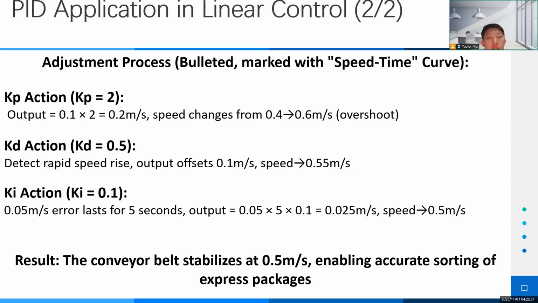We add this, so the speed drops to 0.5. Result: the conveyor belt stays at 0.5, so express packages are sorted accurately.